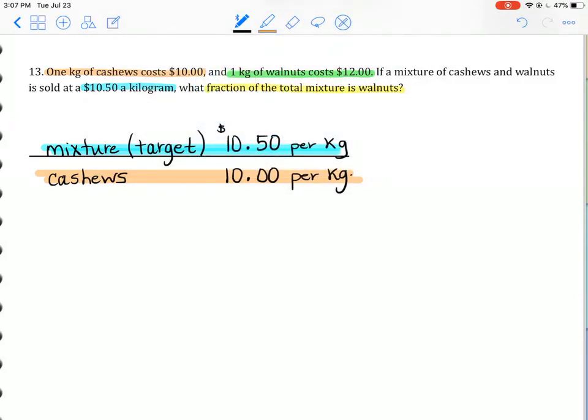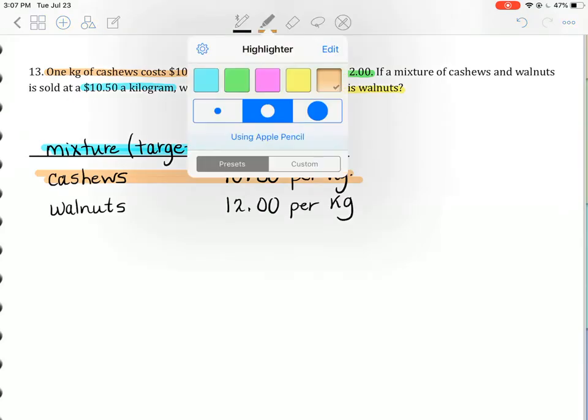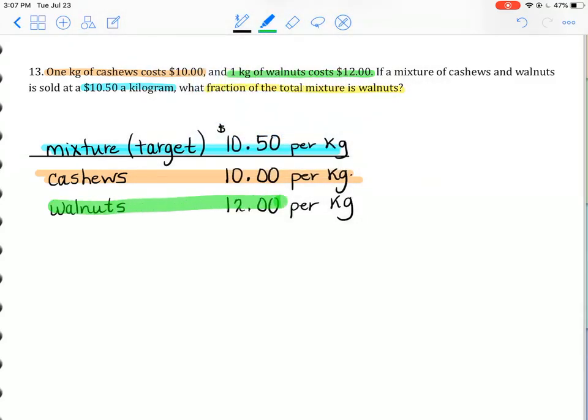And then the walnuts are $12 per kilogram. And that's the green piece of information. So all I'm doing is pulling out the data that they give me in the problem.